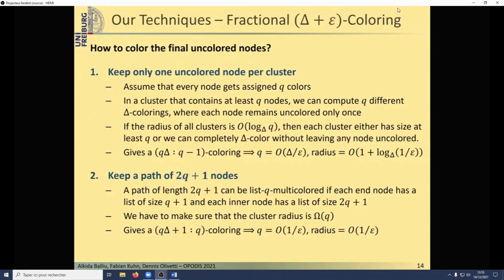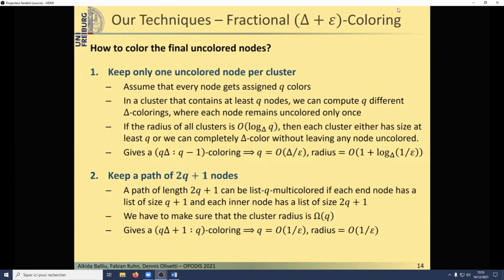We choose one node as the center arbitrarily for each coloring, and we color all the rest by going layer by layer to the center. And now if we go through all the Q different centers, then we have Q delta colorings, and each node actually is colored in at least Q minus one of them, right?